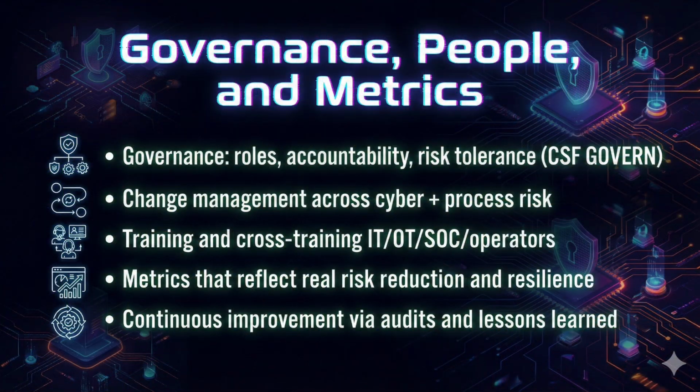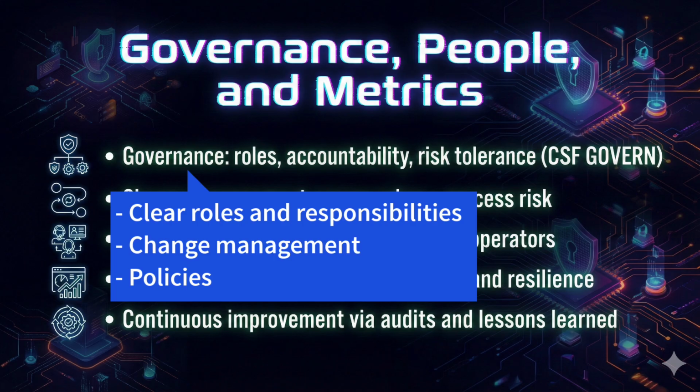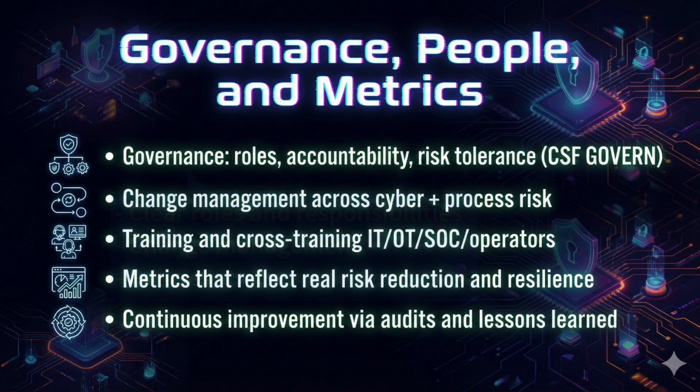Technology controls only stick if governance and culture support them. This is where the NIST Cybersecurity Framework 2.0 govern function is helpful. It forces us to define who is accountable, what the risk tolerance is, and how decisions are made. In practical terms, governance in OT security includes clear roles and responsibilities between IT, OT engineering, and operations, change management that covers both cyber and process risk, and policies for remote access, removable media, and vendor engagement.